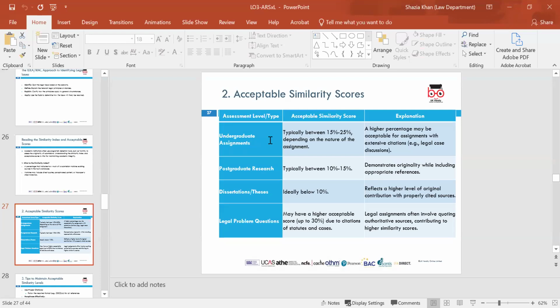For dissertation and thesis, ideally below 10%, reflecting a high level of original contribution with properly cited sources. And then for legal problem questions, a higher acceptable score up to 30% may apply due to citations of statutes and cases. Legal assignments often involve quoting authoritative sources, contributing to higher similarity scores.